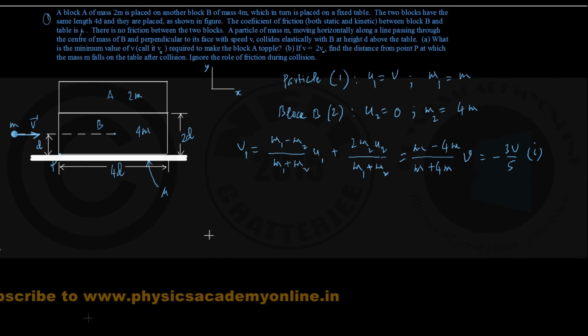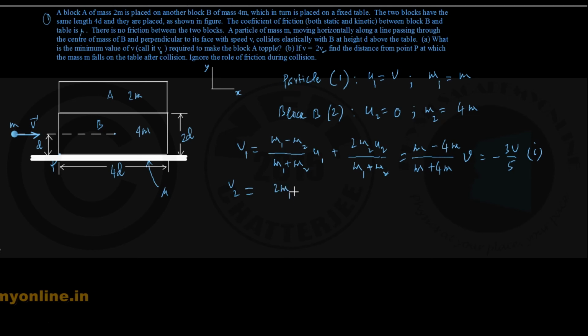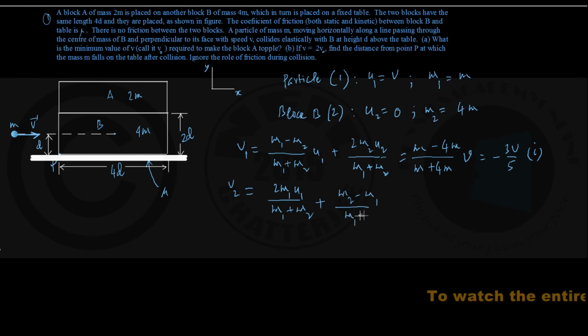Similarly, we also have a formula for the velocity of the block B after the collision. V2 is given by 2 m1 u1 divided by (m1 plus m2), plus (m2 minus m1) divided by (m1 plus m2) into u2.